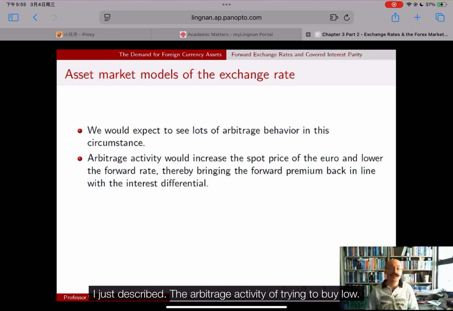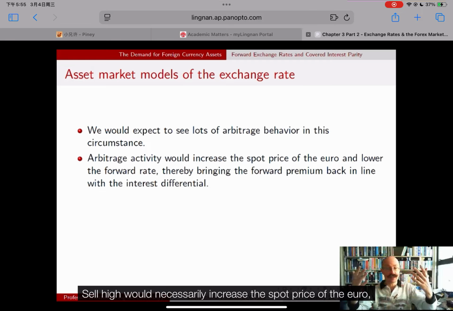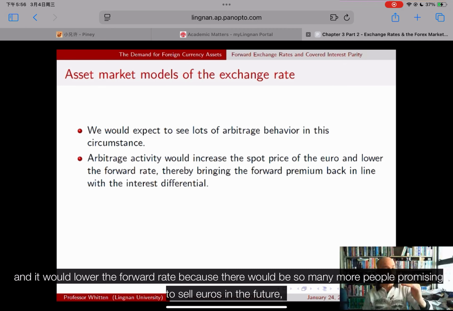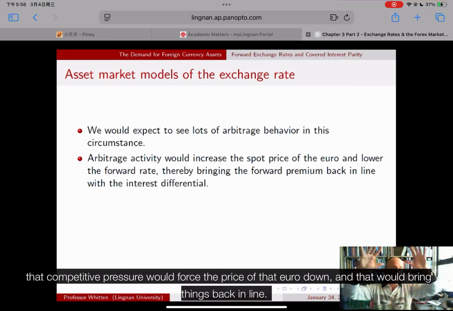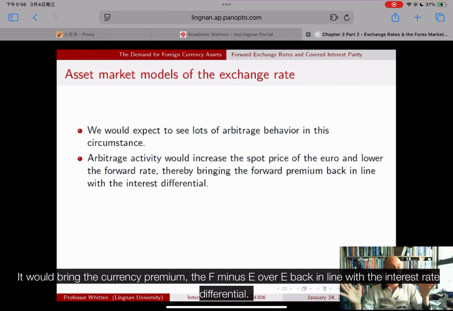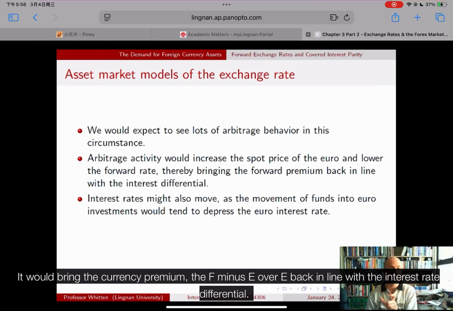The arbitrage activity of trying to buy low, sell high would necessarily increase the spot price of the euro, and it would lower the forward rate because there would be so many more people promising to sell euros in the future. That competitive pressure would force the price of that euro down, and that would bring things back in line. It would bring the currency premium, the F minus E over E, back in line with the interest rate differential.